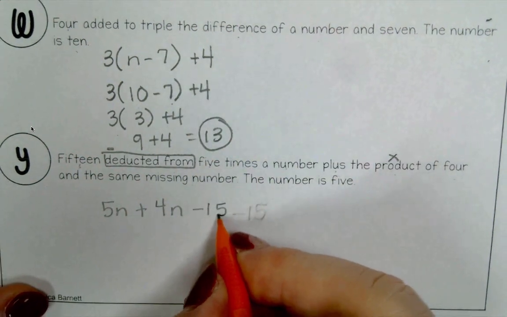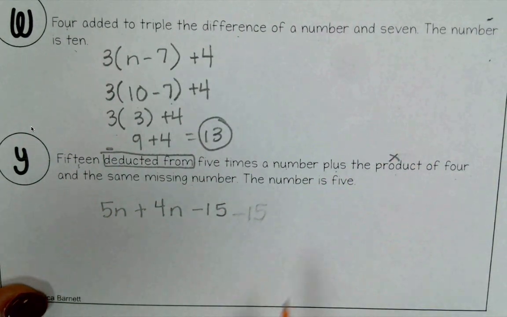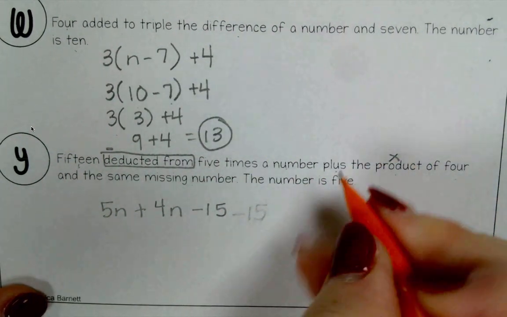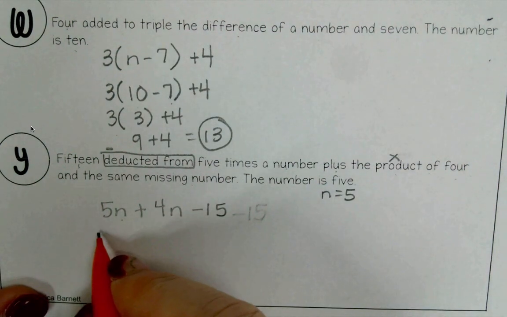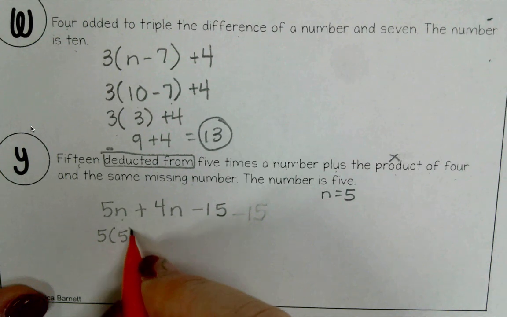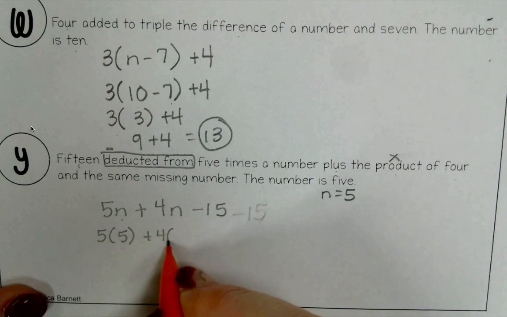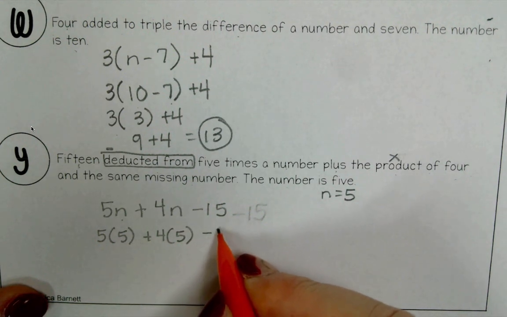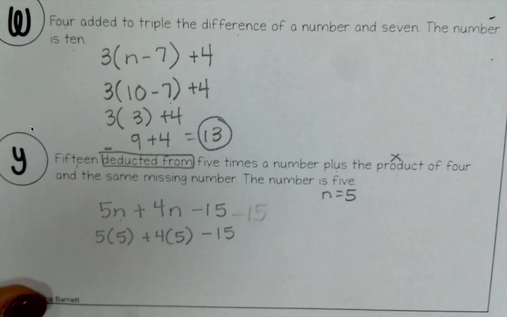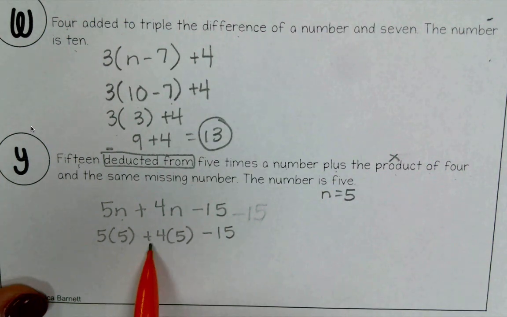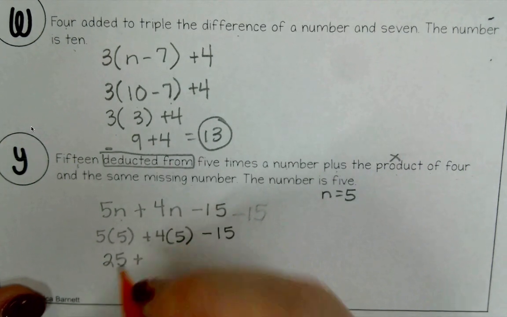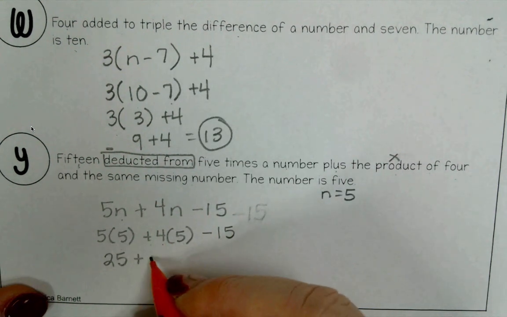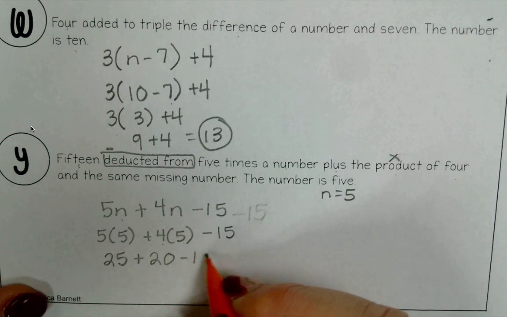All of that. Okay? And they're telling me that n is 5. So n equals 5. Okay? So 5 times 5 plus 4 times 5 minus 15. I have multiplication, addition, and subtraction. My order of operations says multiply first. So I'm going to say 25 plus, and multiply these two, 20 minus 15.